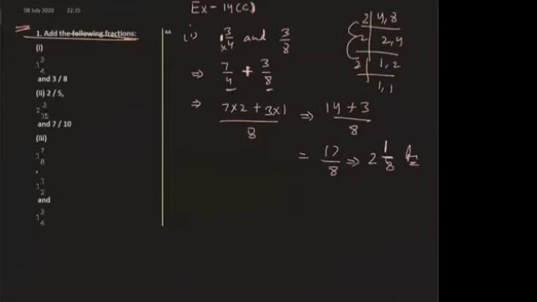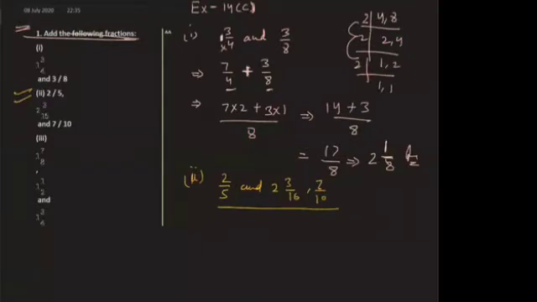And this question says the second part, 2 upon 5 and 2 whole 3 upon 16 and 7 upon 10. Okay, these 3 fractions we have to add.